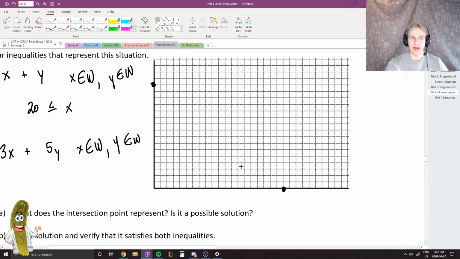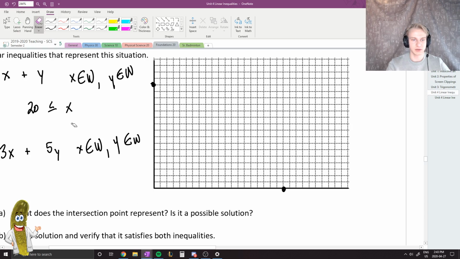I know that I cannot, under any circumstance, trade in a candle. And so as such, I know that everything must be in the positive axis. So I could extend this graph, sure, and draw it like this, but there's no point. There will be no points over here. There will be no points down here. There will be no points down here. Because in all 3 of those quadrants, there are negative values.